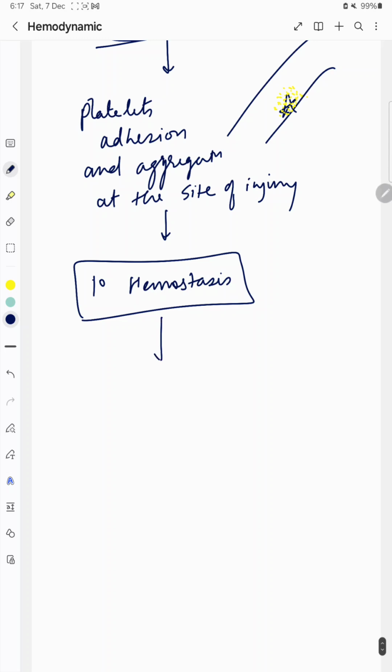After the accumulation of platelets, there are multiple clotting factors or coagulation factors in plasma. They start to incorporate into the primary platelet clot by various mechanisms.